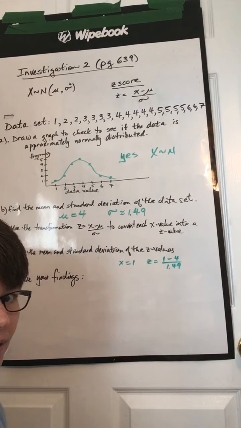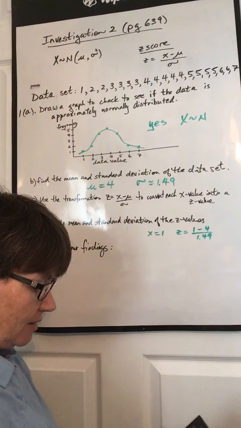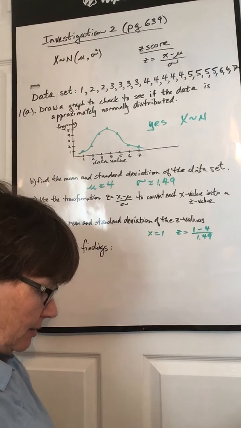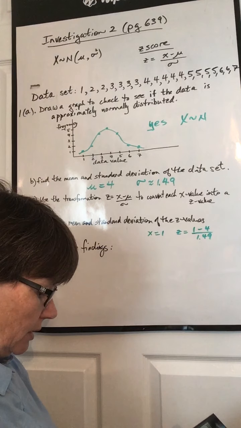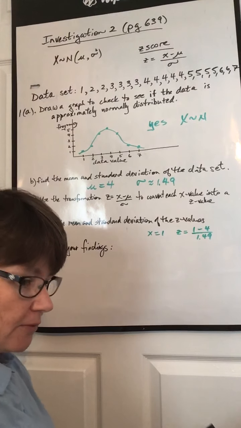So we need to do this. So calculator, 1 subtract 4 is -3, divided by 1.48678.